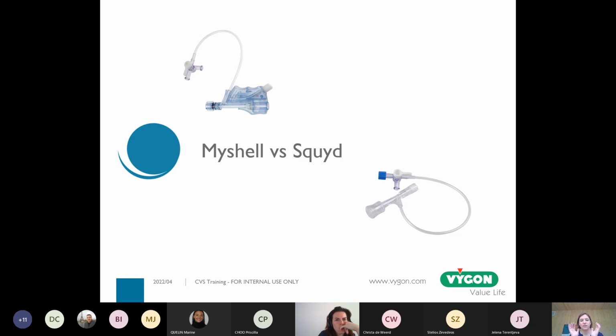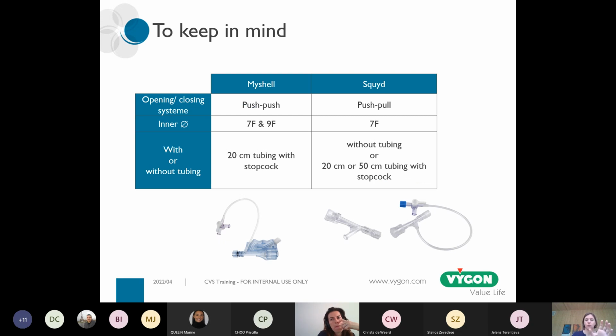To have everything in mind and to be very clear, I have a slide with a comparison between My Shell and Squid with the information to retain. You have My Shell with an opening closing system. This is a push-push. Squid is a push-pull. For the inner diameter, for My Shell you have the choice of 7 French or 9 French.